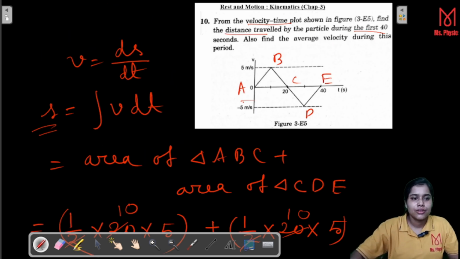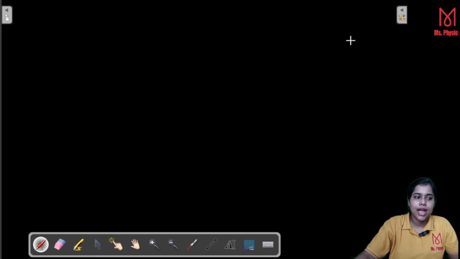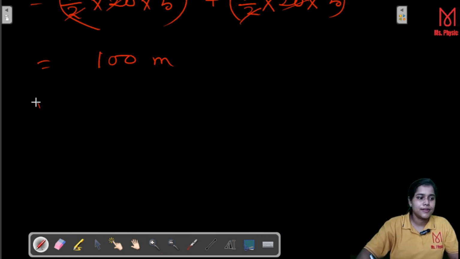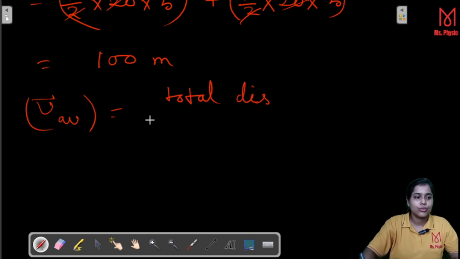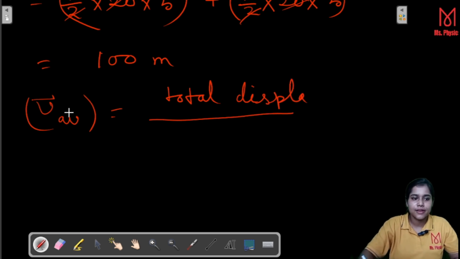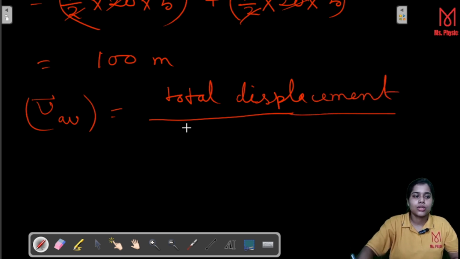Next is your average velocity, right? So average velocity is equal to total displacement over total time.